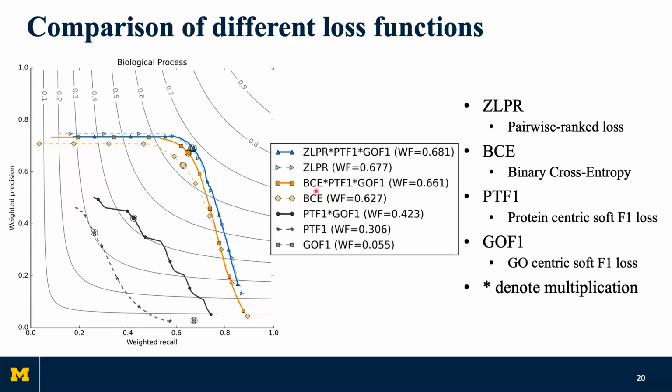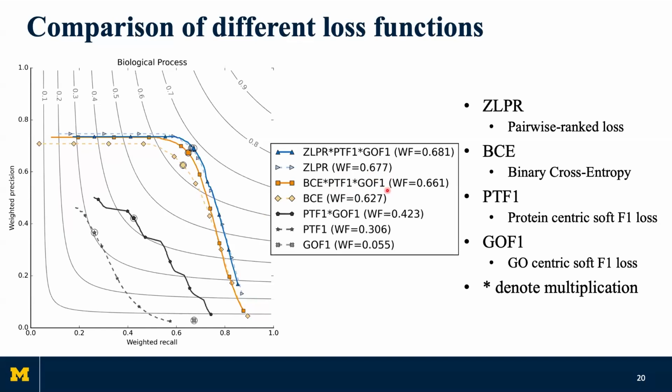This example is in the biological process aspect. As you can see, using the protein or GO F1 score alone is not doing a very good job. It's actually worse than BCE, but the GLPR provides a huge improvement over BCE. And adding the protein F1 and GO F1 scores to either BCE or GLPR would improve the overall F1 score.